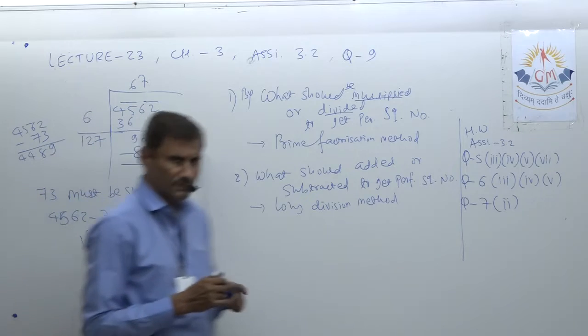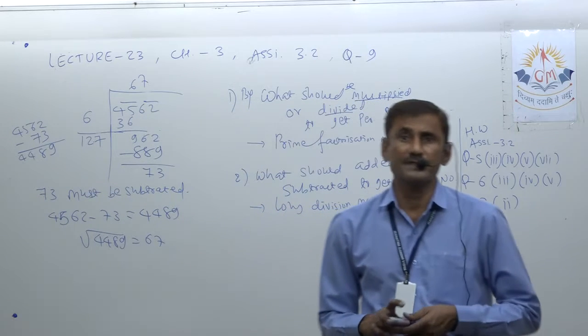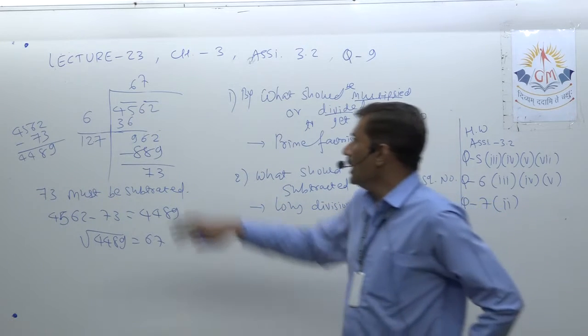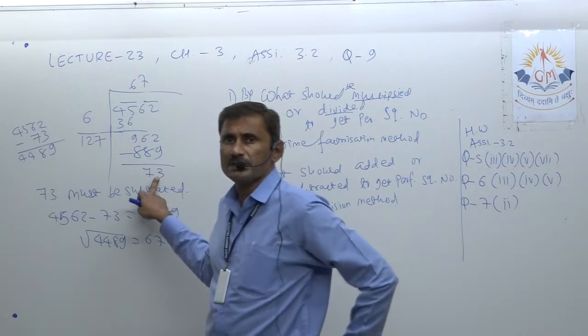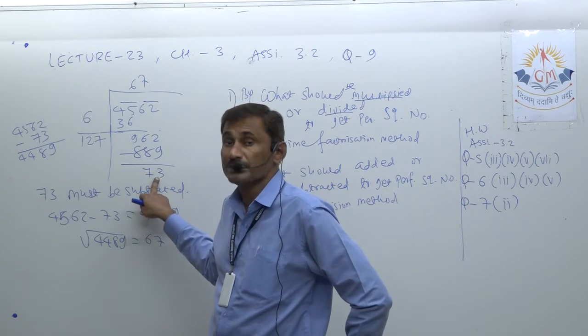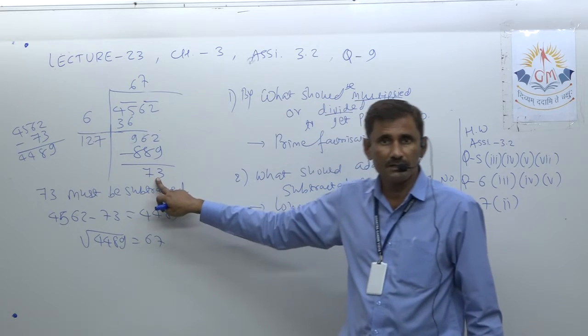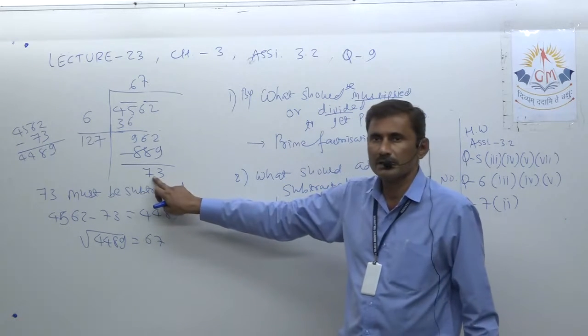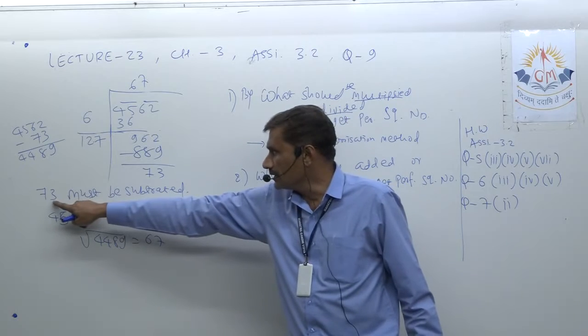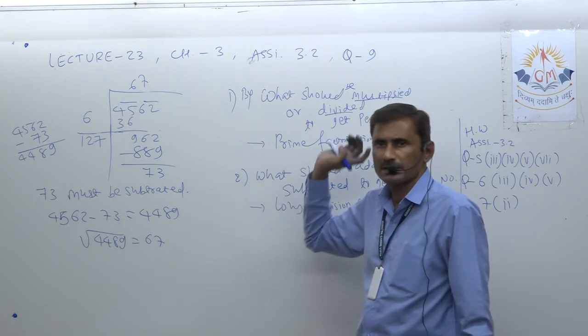Understand the question well first of all. First of all go through the division method. After completing it, obviously something remainder may be there because it is not a perfect square number. That's why they are asking what should be subtracted. So this should be subtracted. So I have written here 73 must be subtracted.